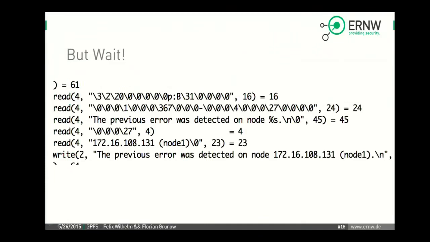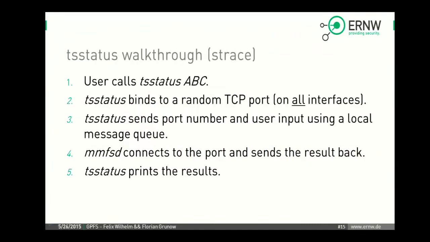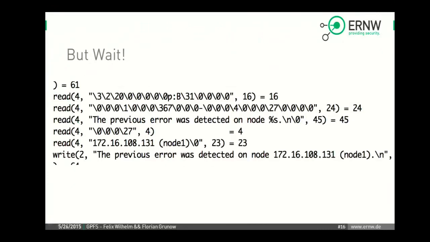Okay, but wait. While analyzing this behavior, especially the part where the MMFSD connects to the port of tsstatus and sends back the result, we were encountering this. Now, if you look closely, this is again an strace output. You see a read here, which is coming over the network. So this is data that is coming over the network. And then you see a write here, which is the error message that is printed out by tsstatus.